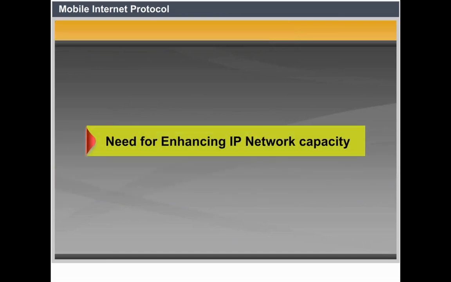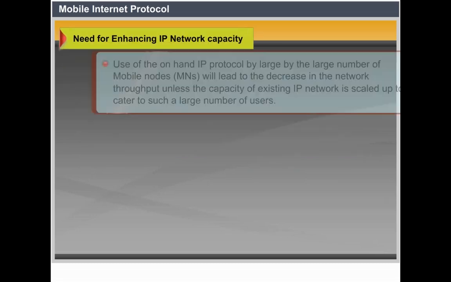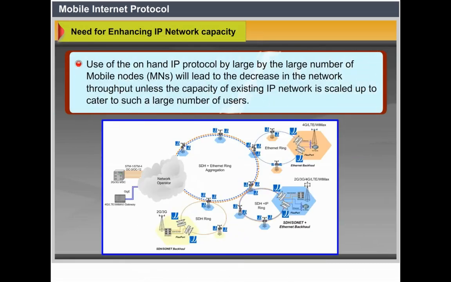Need for enhancing IP network capacity. Use of the existing IP protocol by a large number of mobile nodes, MNs, will lead to a decrease in the network throughput unless the capacity of the existing IP network is scaled up to cater to such a large number of users.